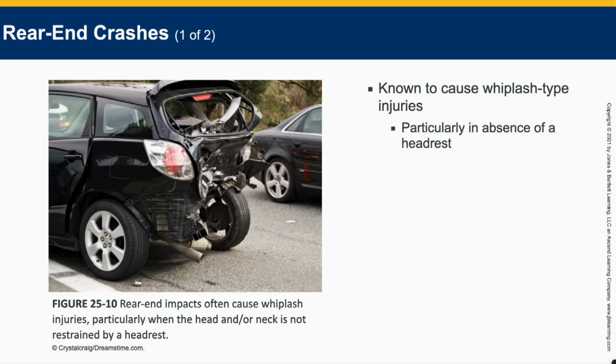These injuries are especially more severe when there's no headrest or if it's positioned incorrectly. So even if the crash doesn't look dramatic, patients can still have significant soft tissue or C-spine injuries. This is another example of why mechanism matters, because the movement of the body tells you what injuries to expect.